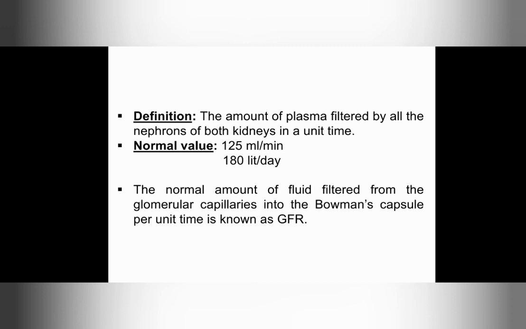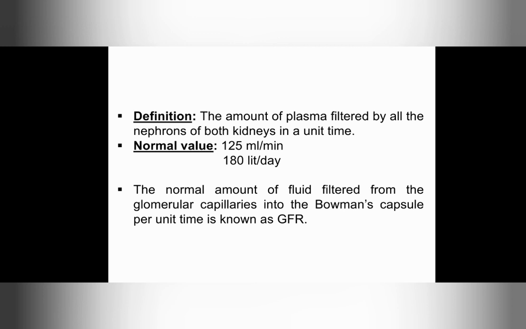The definition of glomerular filtration rate is the amount of plasma filtered by all the nephrons of both the kidneys in a unit time, either per day or per minute.